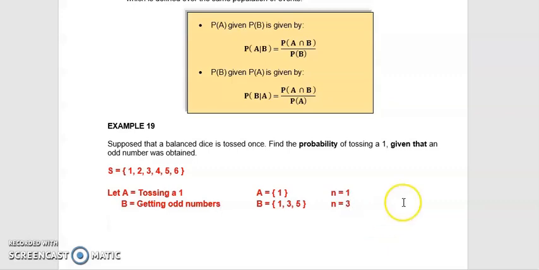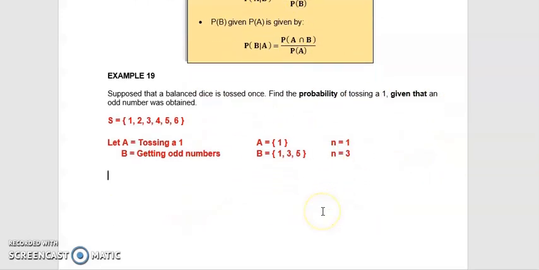Now how do we convert this sentence into a mathematical sentence? We want to find the probability of tossing a 1. Tossing a 1 refers to event A. So probability of A given that an odd number was obtained, and odd numbers refer to event B. That's how we convert the sentence into a mathematical sentence.